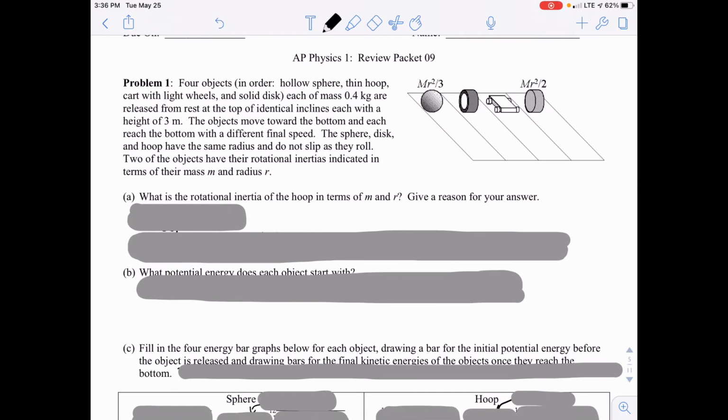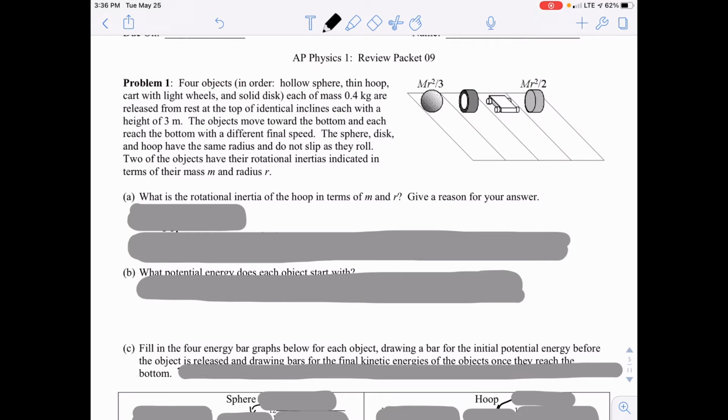Now, for review packet number 9, we're going to take a look at more of the energy and momentum side of rotation. Let's take a look. Problem number 1. Four objects in order: a hollow sphere, a thin hoop, a cart with light wheels, and a solid disc.